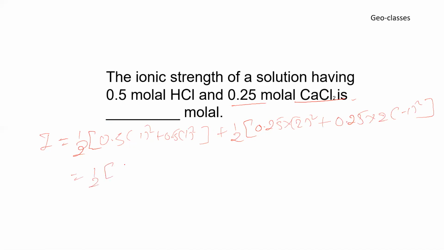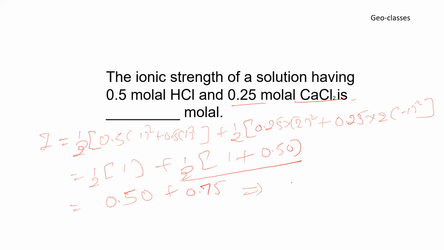So here you'll get 1 plus half, here you'll receive 0.50, sorry, I'll receive 0.50 plus, if you solve it, 0.75. Then if you sum up, it becomes 1.25. That's your answer here.